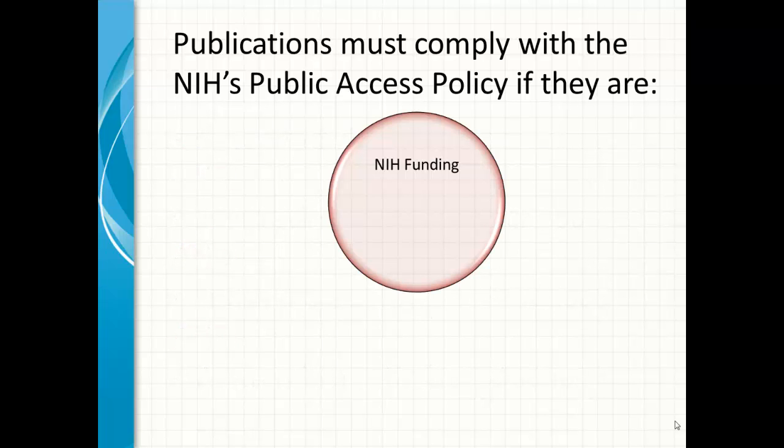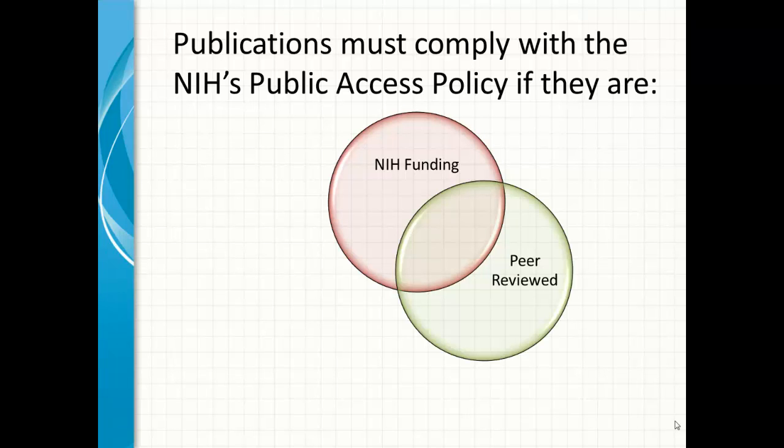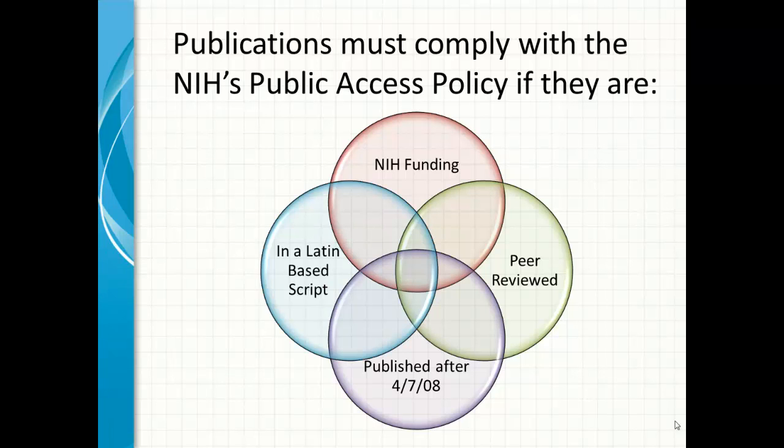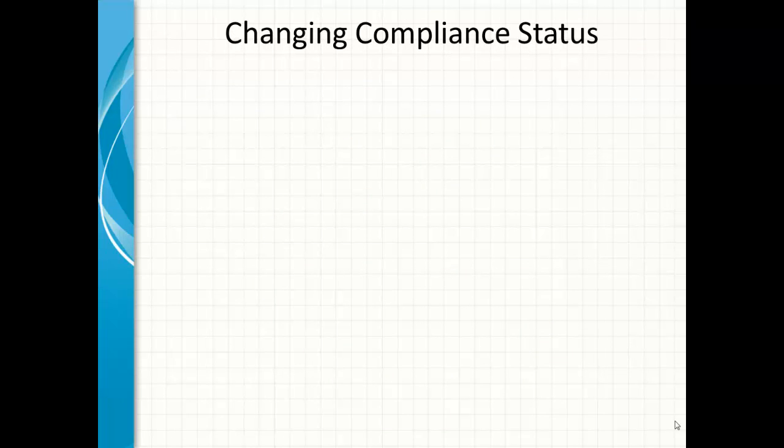So, the same thing in a graphic shows the NIH funding, peer-reviewed publications, publications published after 4/7/2008, and publications written in a Latin-based script. Where they intersect is where you need to be compliant.